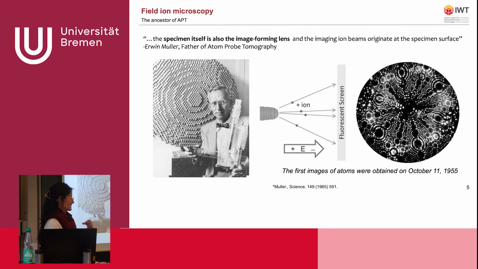It's a destructive technique. With this technique, the sample is, okay, it's our sample, but we fill the chamber with a gas. And the gas, in contact with the sample, will get ionized. It's a very high voltage that is applied to the sample.